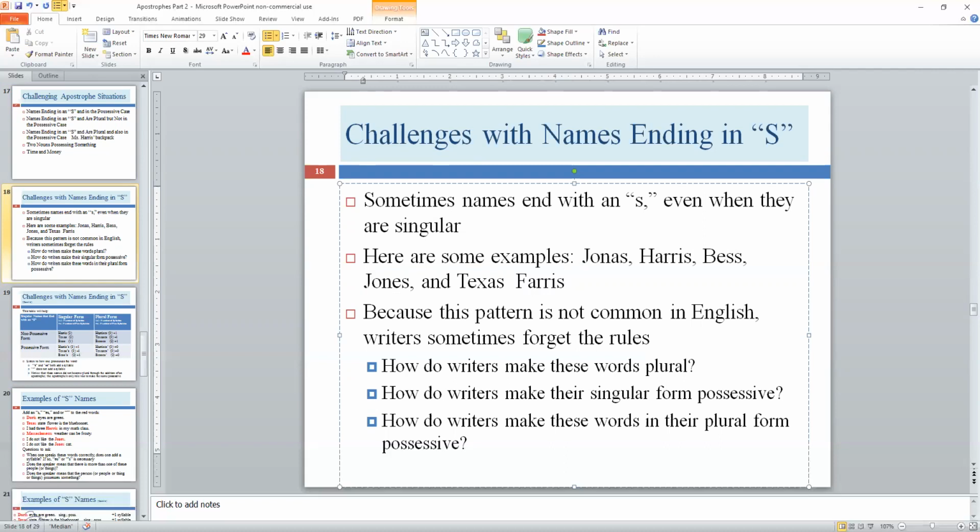There is another way that is not incorrect, but it is less preferred. It's less logical. And so I'm really going to encourage you to use the better form. So we'll talk about how do we make Ferris plural? How do we make it, when it's in the singular form, possessive? And how do we make, when there's lots of Ferrises, how do we make them possess something as a group?